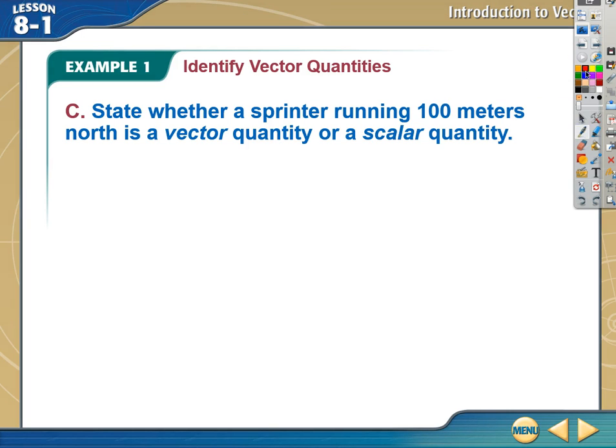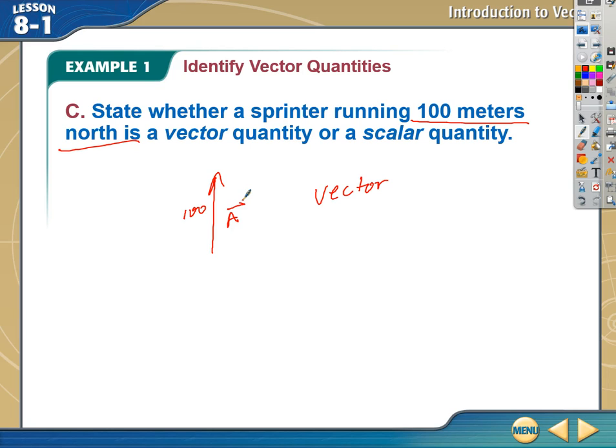It has a magnitude of 110 meters. It has direction of north. So I'm able to draw this like that. It is a vector. Sweet. And I would label this 110, and I might call it A. Don't forget the little arrow. All right, so magnitude and direction.